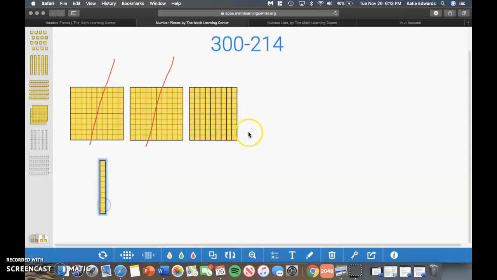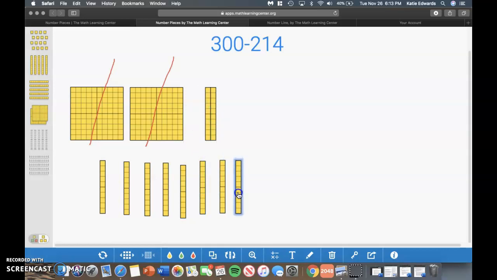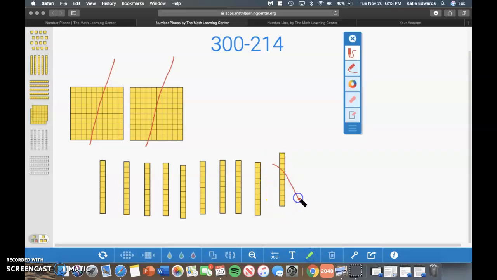So you turn this into 10 tens, which is equal to 100. Then they would take away 110 from this, leaving them with 9 tens, or 90.